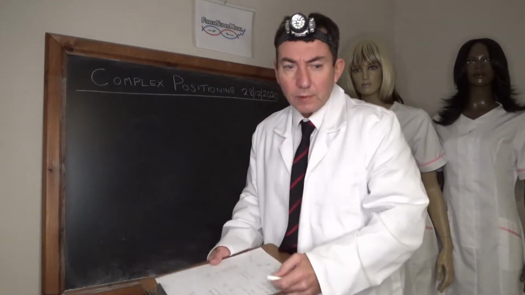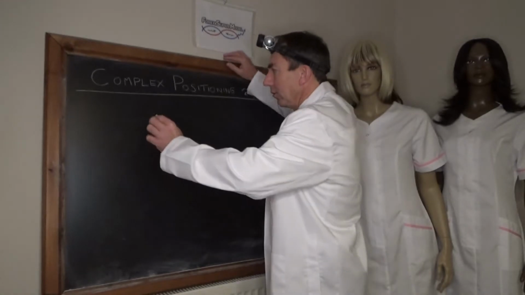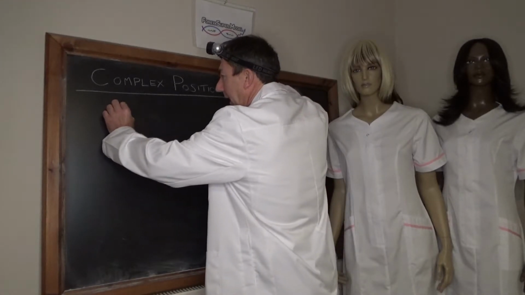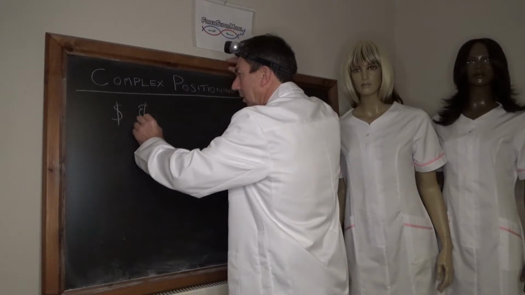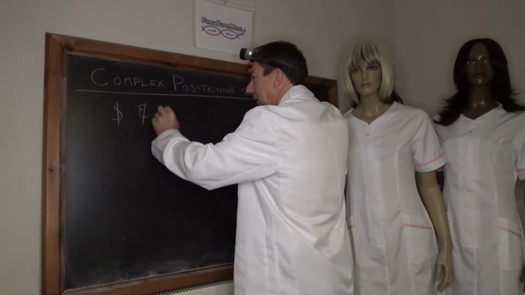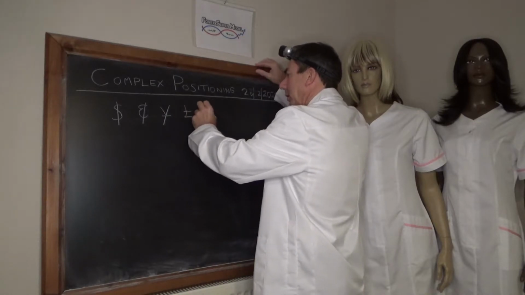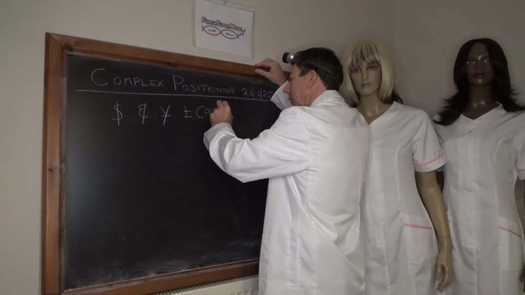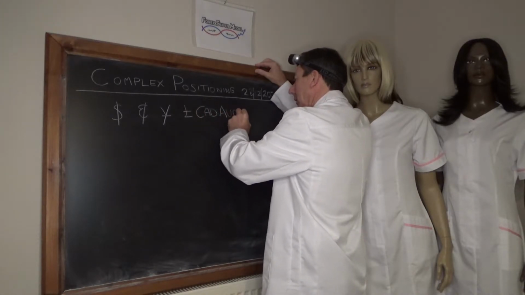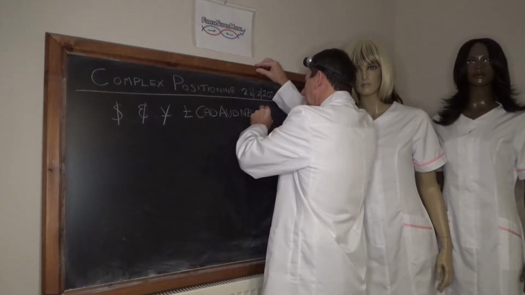Right, so complexes, as you know from the modeling, we've got 8. We've got the dollar, the US dollar, the euro, the yen, the pound, the CAD, the AUD, the NZD, and the Swiss franc.